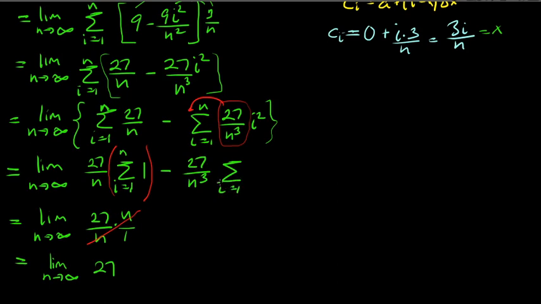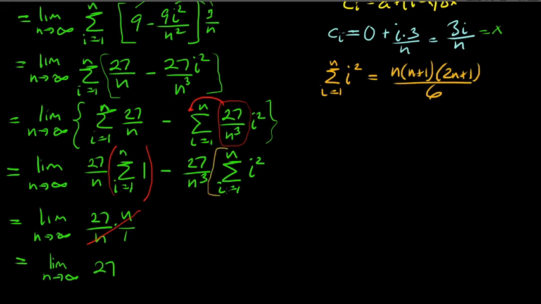We're adding up i goes from 1 to n of i squared. That should look a little bit familiar. If it doesn't, I guess I'll have to remind you. But you can look it up, right? It's a formula. The sum of i from 1 to n of i squared is just n times n plus 1 times 2n plus 1, all over 6.